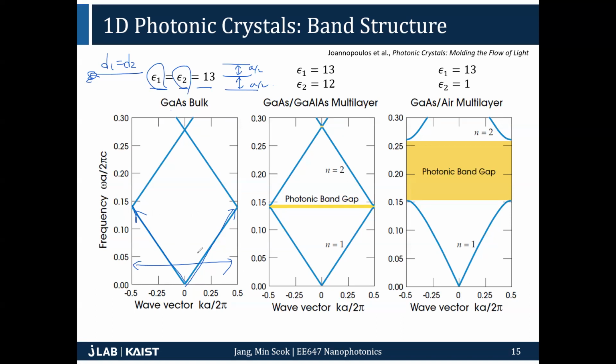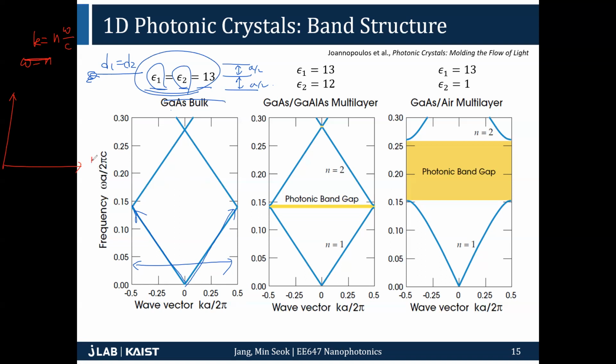So if you draw it, it looks like this. Okay, so you can imagine this as this. So there's nothing, right? If there's nothing, this is just one material. There's no difference between the two materials. So this is just one material. And if you have only one material, you can imagine your dispersion relation should be what? k is equal to n omega over c, right?